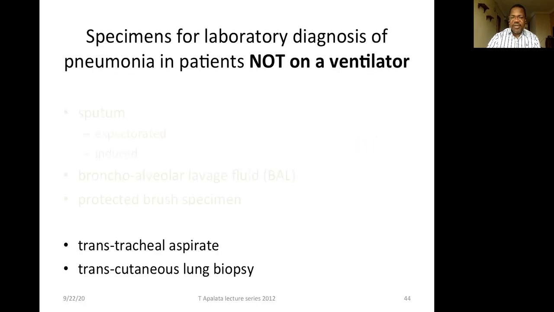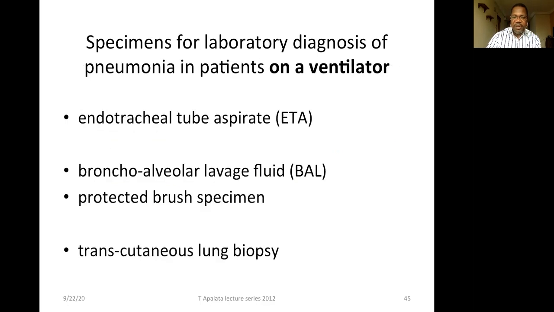And it's then protected and you take it out. This is what we call a protected brush specimen. We have also transtracheal aspirate and transcutaneous lung biopsy. Those are much more tedious procedures to take specimens.